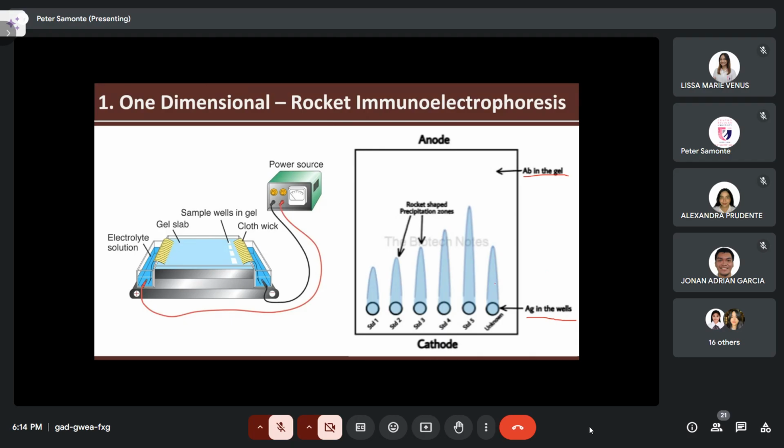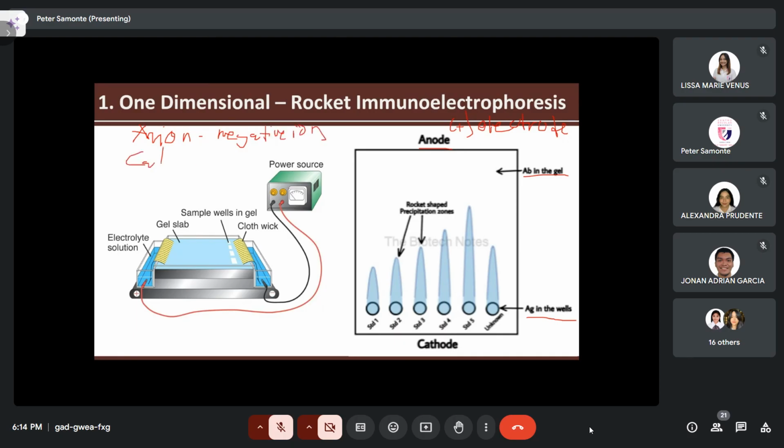Now, yung negatively charged antigens would migrate towards the anode. Yung anode, class, this is the positive electrode. Huwag kayong malilito dyan, class, kapag anion, negative ion.